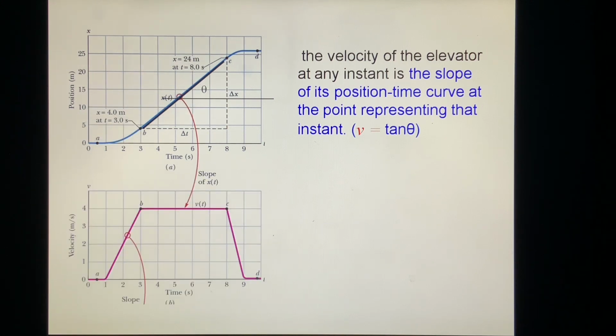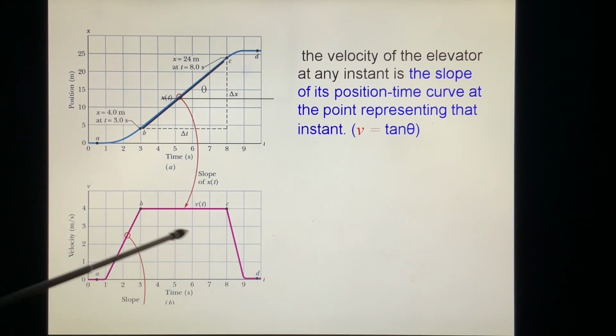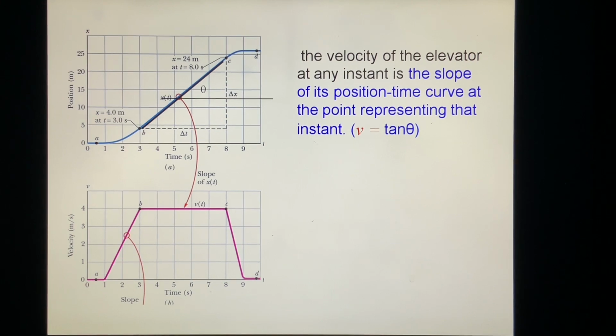We take this theta, tan theta is velocity. Now, let's plot another. We take every point, take the tangent, find tan theta, and put it on a v-t plot. We look at this v. In this area, the tangent and theta are the same, so v is constant. In this area, we see v increases linearly.